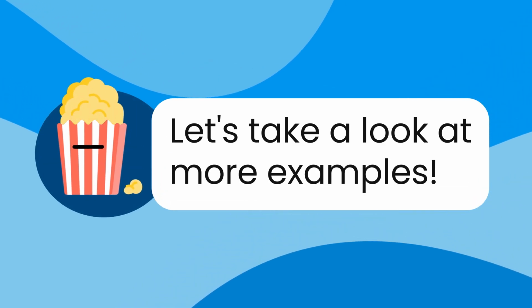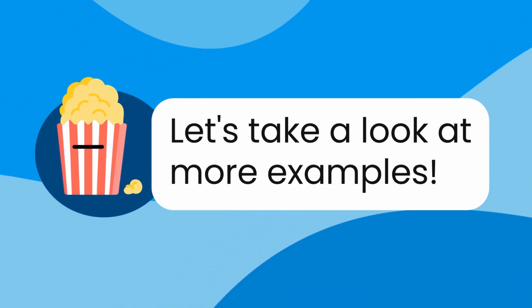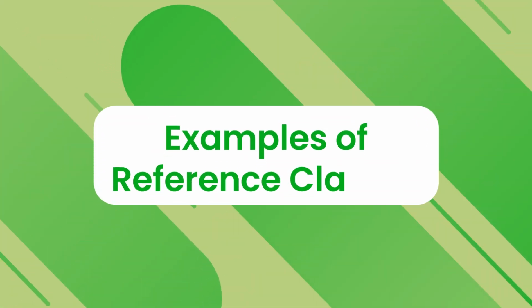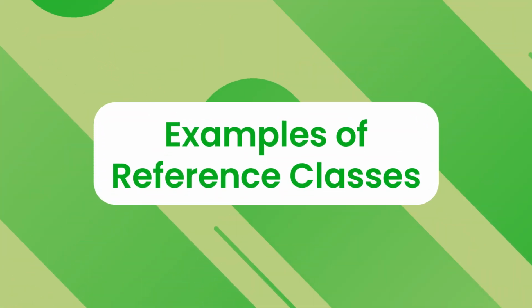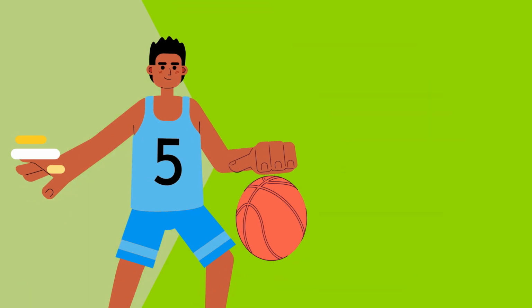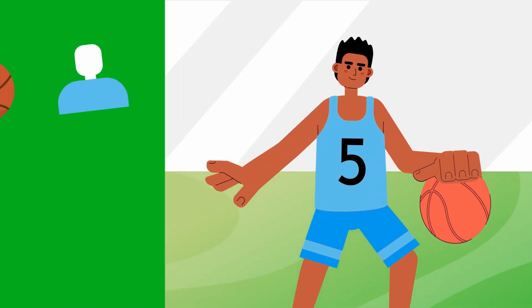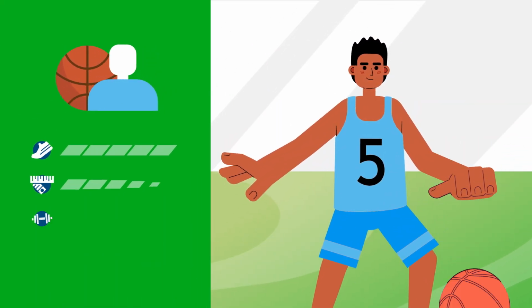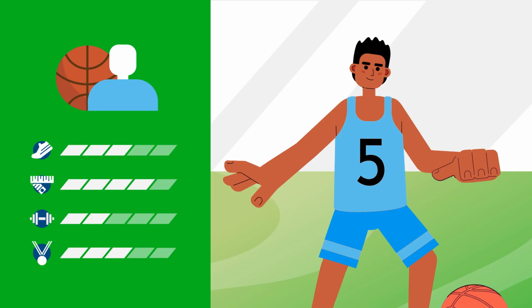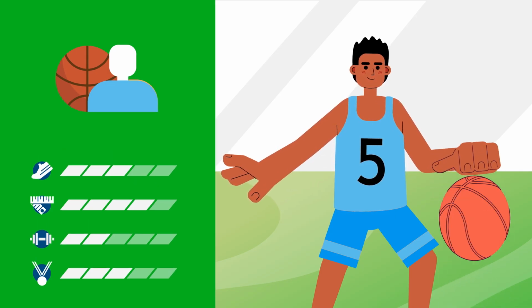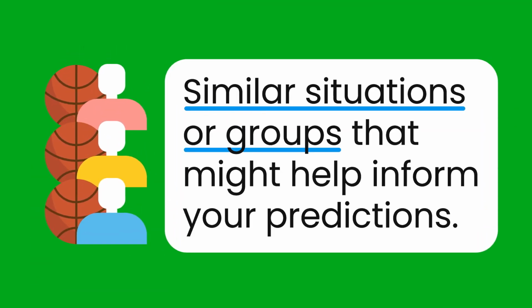We will take a look at strategies for finding the most suitable reference classes later in the video, but first, let's take a look at some more examples of reference classes. First up, professional sports. Imagine you're a general manager for a professional basketball team, and you're trying to predict how well a new basketball player will perform in their first season. Remember, when identifying a reference class, you want to think about similar situations or groups that might help inform your predictions.